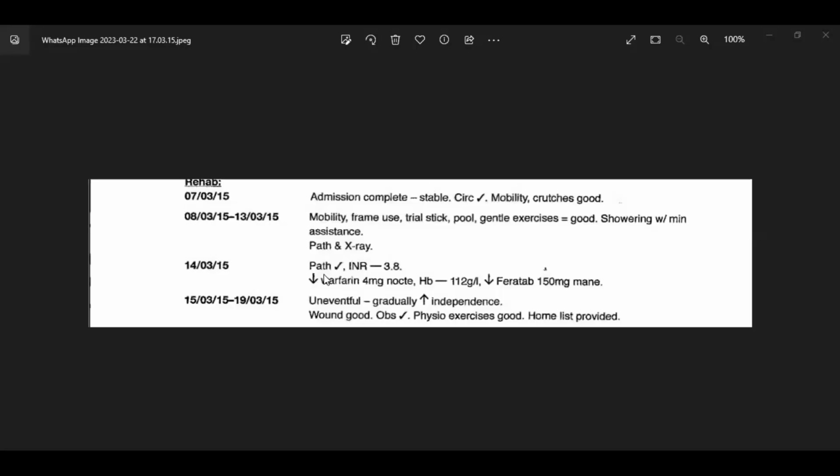Now, this part of the letter is the rehabilitation. The rehabilitation part should also be summarized, but importantly, what you can understand from this rehabilitation part is that it should be summarized, but less than the ward stay. Fine. So after ward management, we can see that he was stable at the time of admission in the rehabilitation, right?